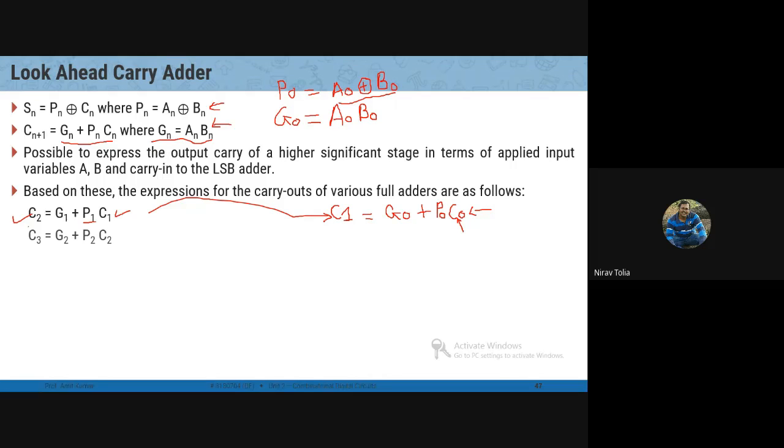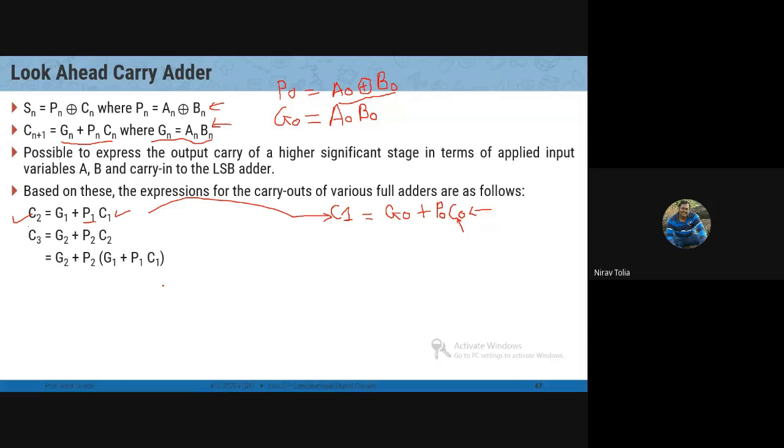Same way, what is C3? C3 is G2 plus P2 C2. Now what is G2? G2 is equal to A2 into B2. P2 we have also. What is P2? A2 exclusive or B2. But what is C2?